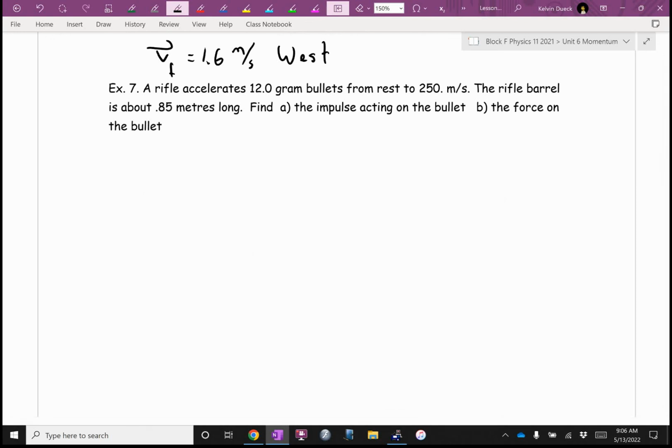Claudia, what's A want me to find in example 7? What's another phrase for impulse? Change in momentum. Okay, so which version of the impulse equation am I going to use to find the impulse here?